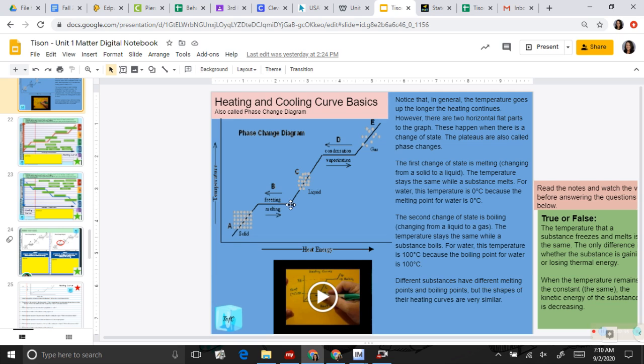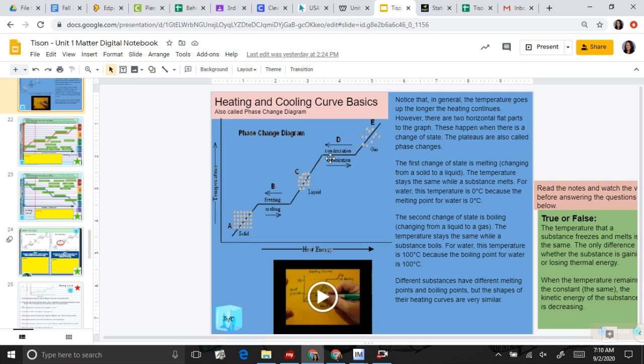So now our substance is completely liquid and our temperature of the substance increases and increases and increases until the substance, in this case water, has an internal temperature of 100. Once it gets to 100 degrees Celsius, we see it start to boil or vaporize. So on this flat line, that's where your phase change is. You're going from a liquid to a gas, the boiling point.